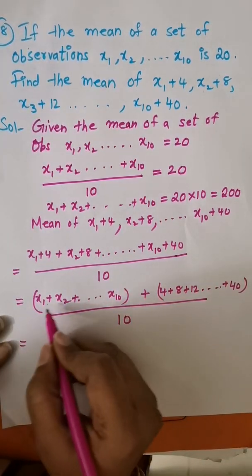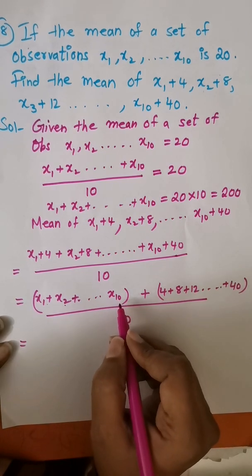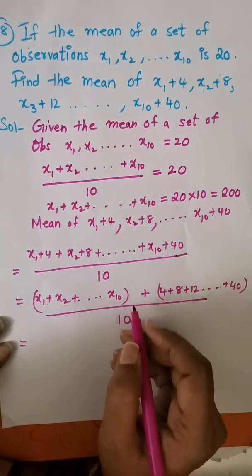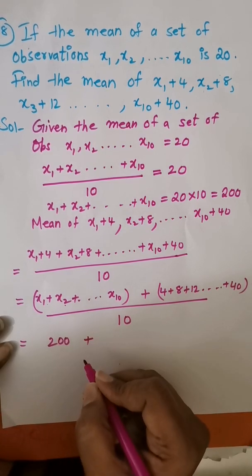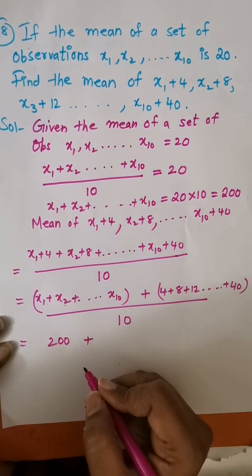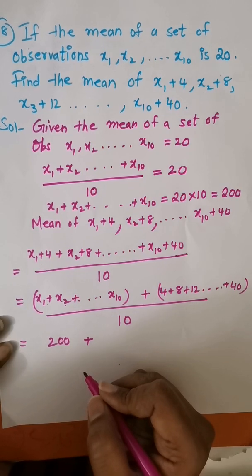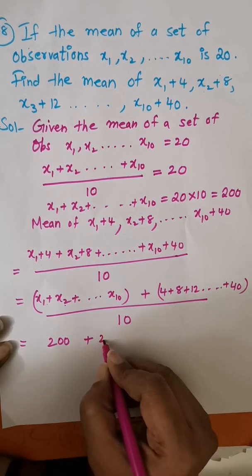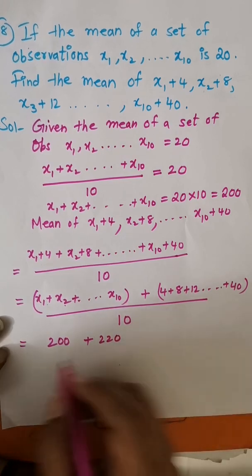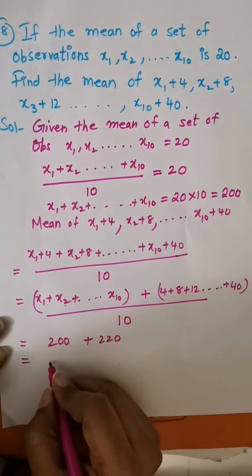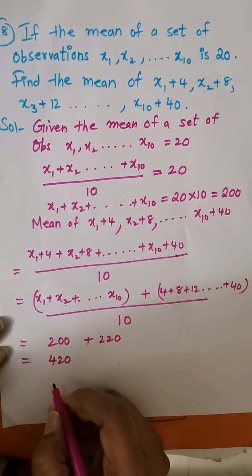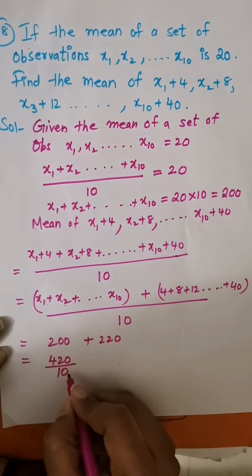We know that the sum of x1 to x10 is 200. If you add 4 plus 8 plus 12 plus 16 plus 20 plus 24 plus 28 plus 32 plus 36 plus 40, you will get 220. So 200 plus 220 will be 420 by 10.